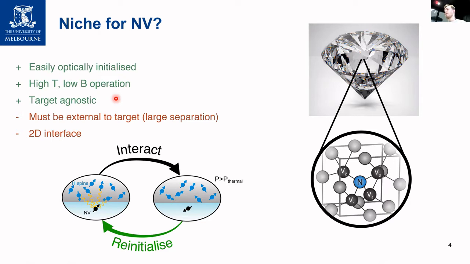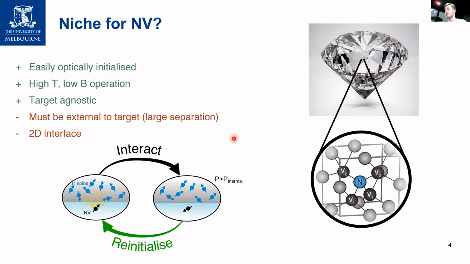There are other existing techniques that also don't require low temperatures and so forth, but typically they rely on some specific polarization pathway which may not be equally applicable to arbitrary nuclear spins, and I might touch on that later on.